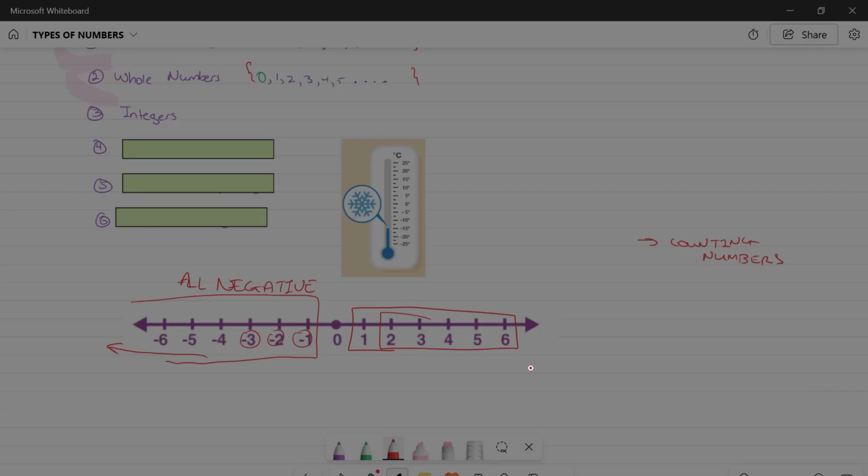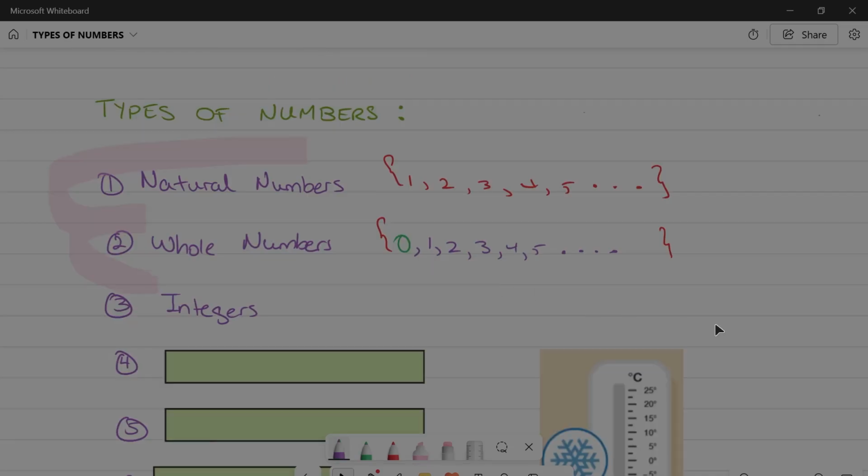So integers include all negative and all positive numbers as well as 0. Remember we said they include all whole numbers as well as all natural numbers. Integers include all these numbers here. So integers include 0.